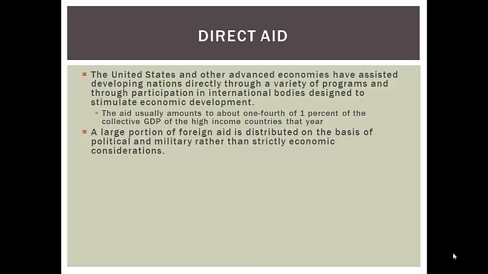A large portion of foreign aid is distributed on the basis of political and military rather than strictly economic considerations. A lot of times the United States, or other countries, are more motivated by the political process rather than by who actually needs that money more. For example, Israel, Turkey, Egypt, Greece, and Pakistan are major recipients of United States aid.